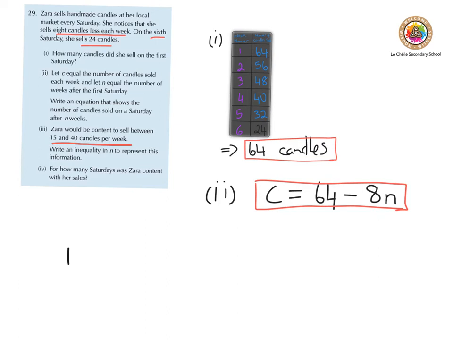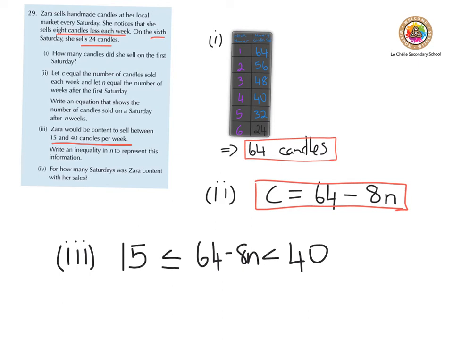So for part 3, I have 15 as the minimum she wants to sell, and 40 she's happy to sell that much. Now we know that she started off with 64, and each week it's gone down. So that's our information, and she wants to sell between those amounts. That's what she'd be happy with. So that's our inequality to represent it.